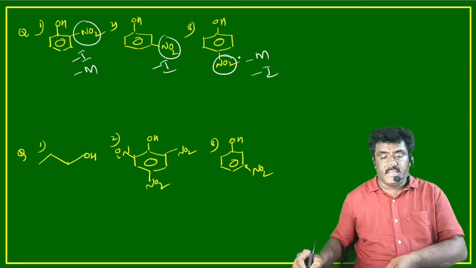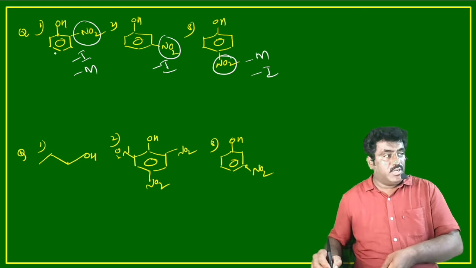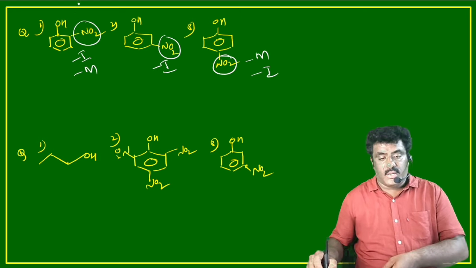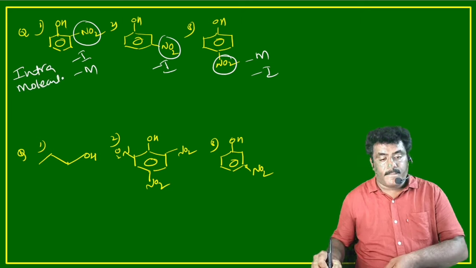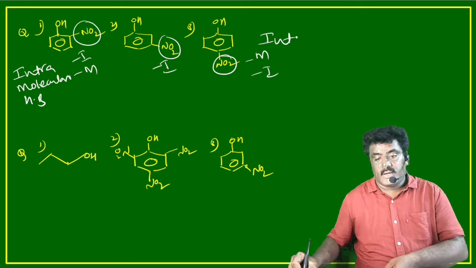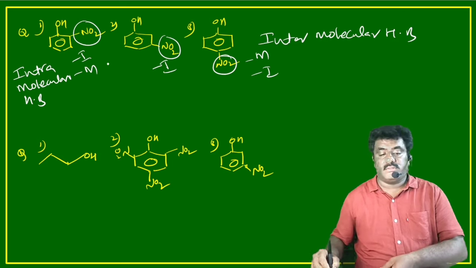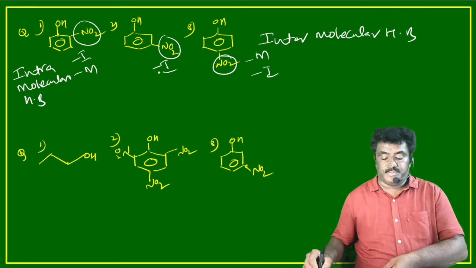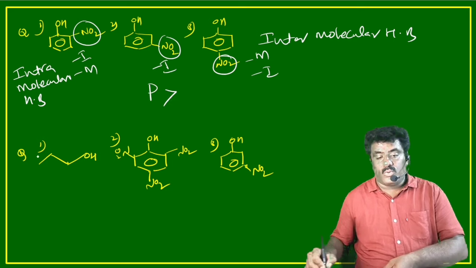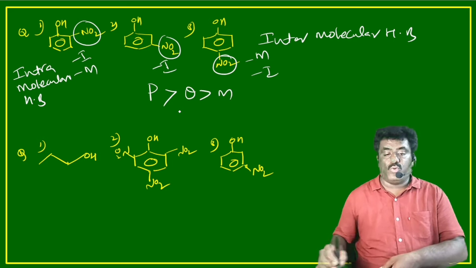See, in the ortho compound, intramolecular hydrogen bonding is possible, while the others form intermolecular hydrogen bonds. Comparing these, para is more acidic, then meta.